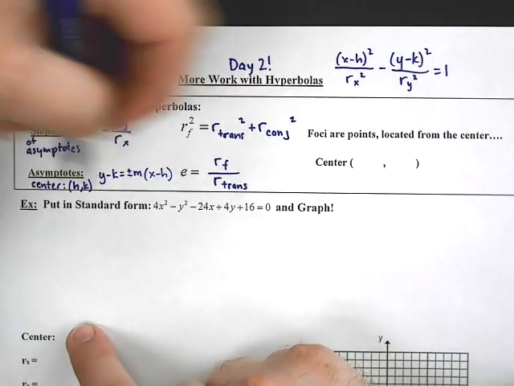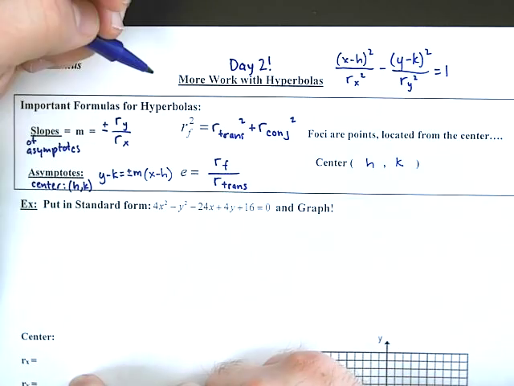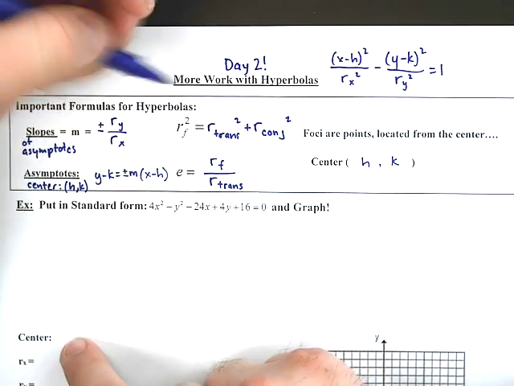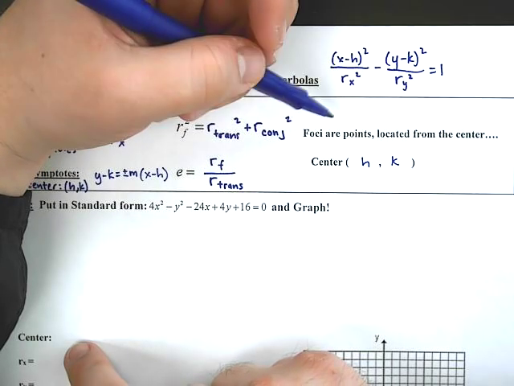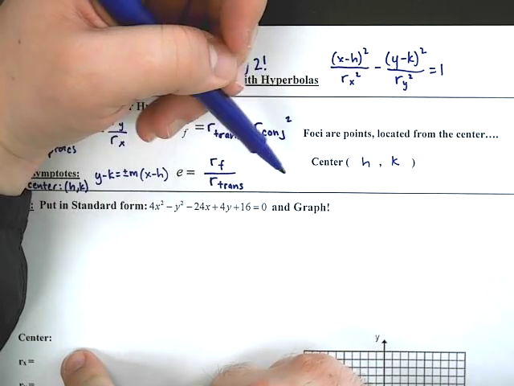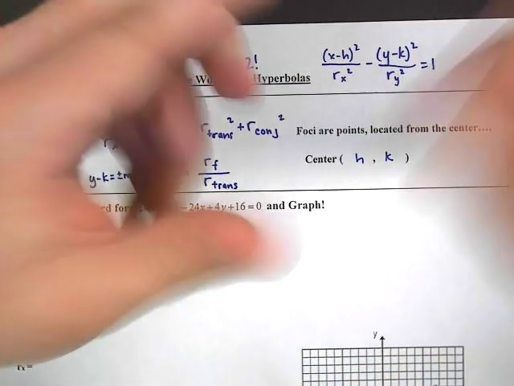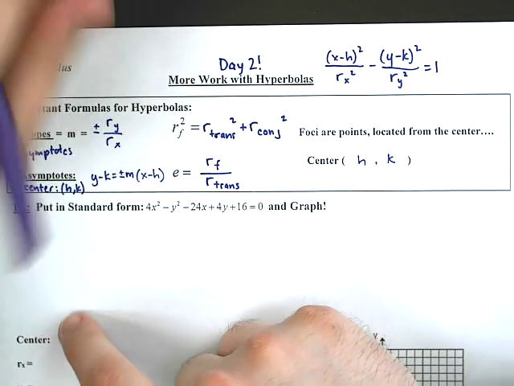If we remember again that the center is at (h, k), then what we need to understand is that the foci are just a distance away from that center point, either in the right-left direction or the up-down direction. And I hope you recognize there's actually a couple of options.